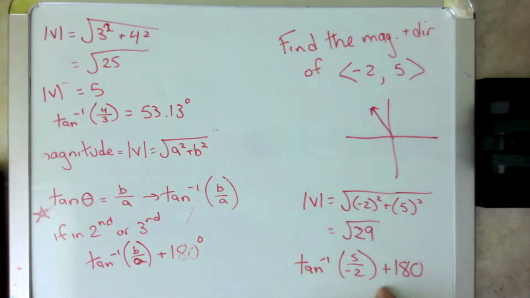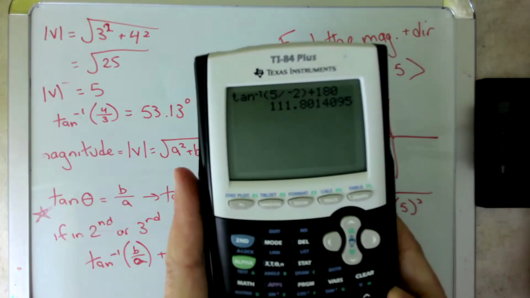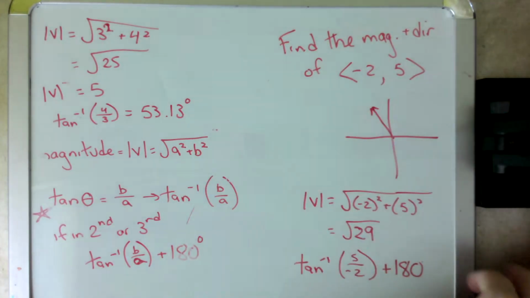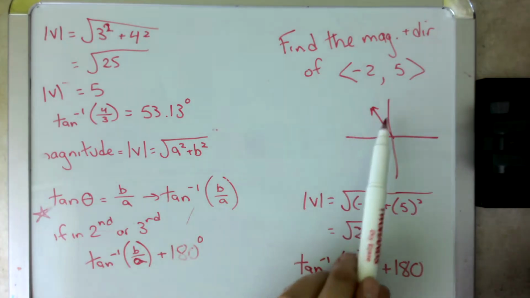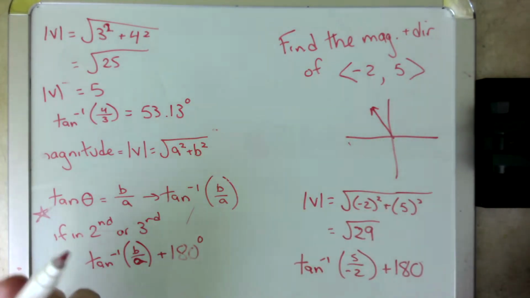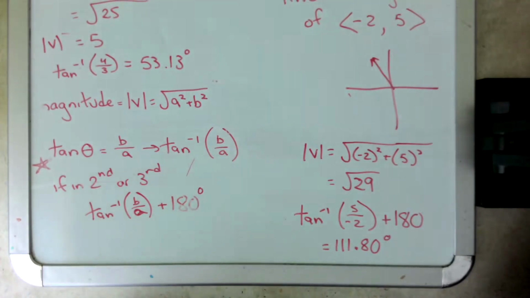As I'm writing my formula, I'm going to include that plus 180. And I find that my answer is 111.80. And if I take a look at my picture, that maps, right? This is 90, this is 180. That seems about right.